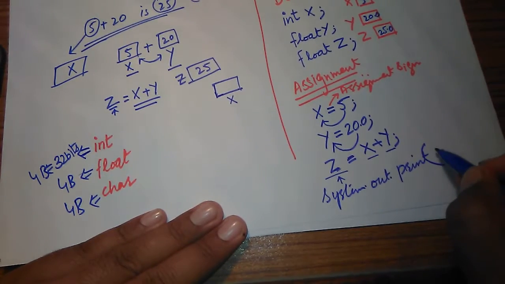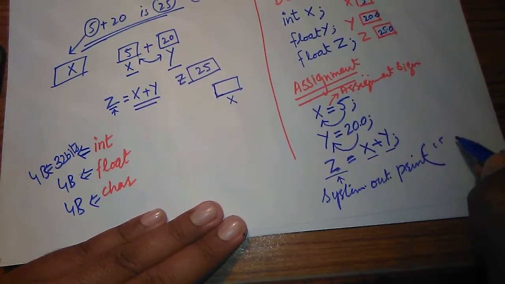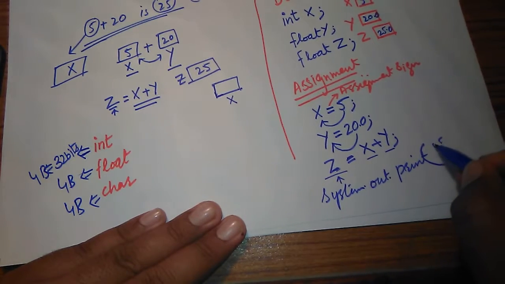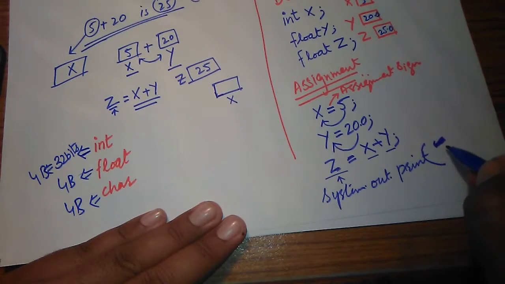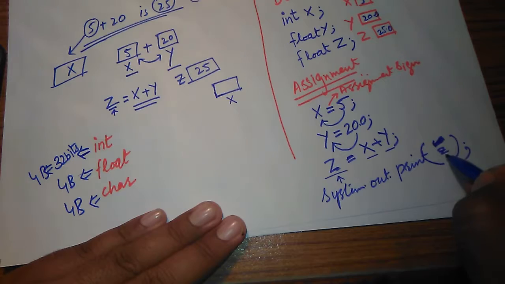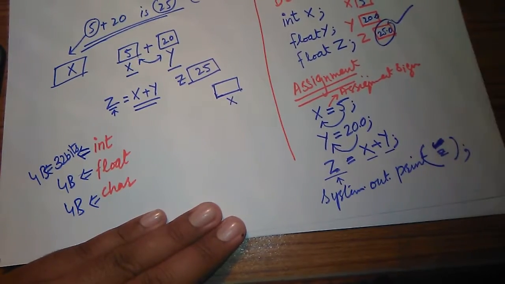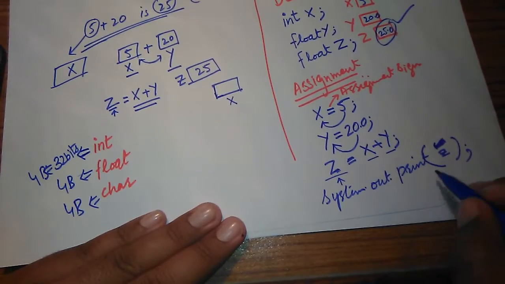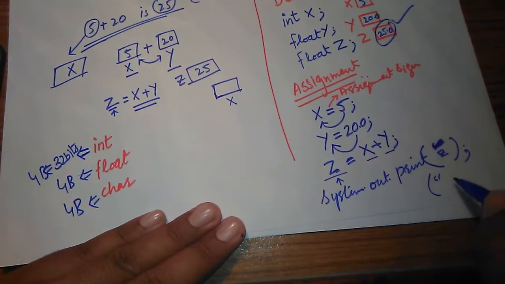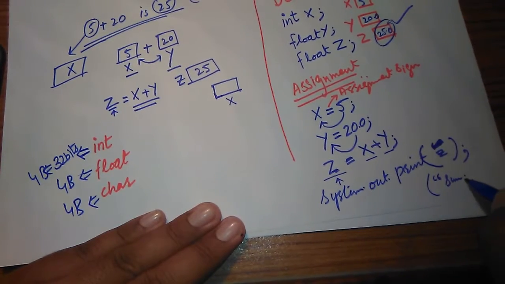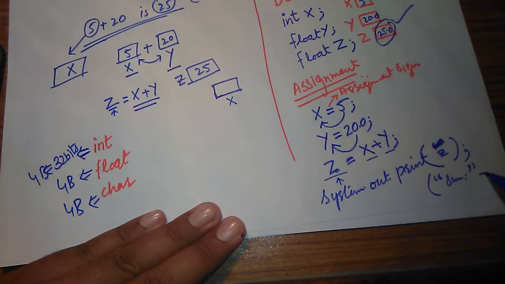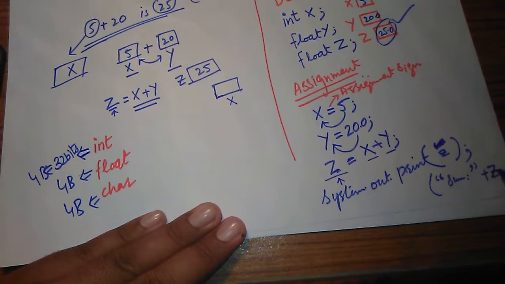Print. I'm not going to write anything else here, but I can write, for example, only z. This will give me the result of the sum of these two things, but I can also write sum, and I concatenate the z variable.